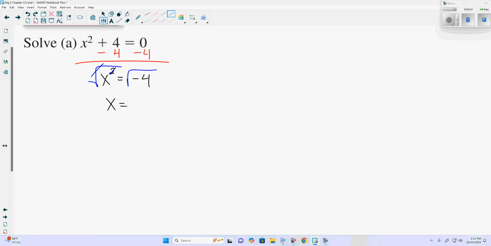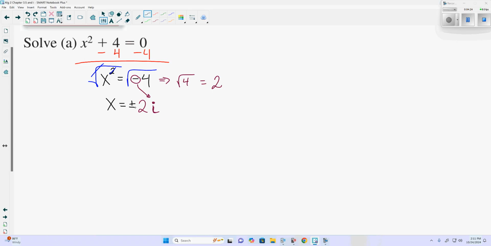But now we do, because this negative inside the radical is going to come out as i. And yes, because what that leaves us with is not square root of 2, square root of 4, and the square root of 4 is 2.